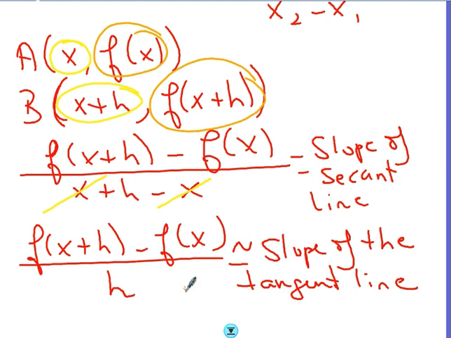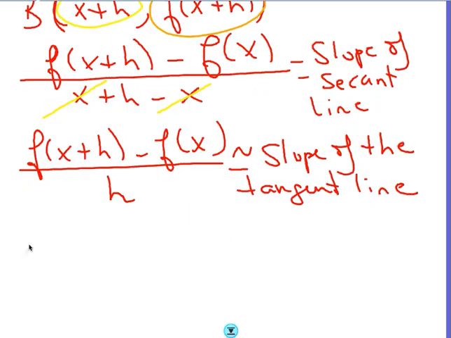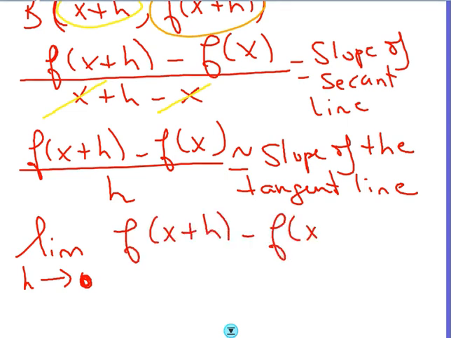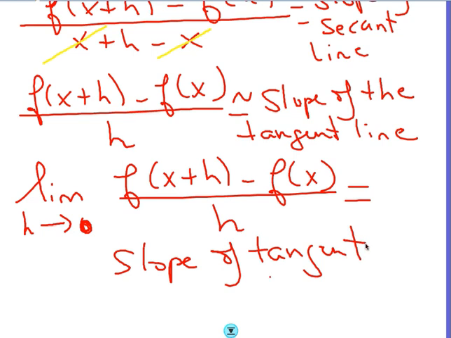So here what we're gonna do is to find the limit as h tends to 0 of f of x plus h minus f of x over h, and this gives me exactly the slope of the tangent line at a point on any curve.